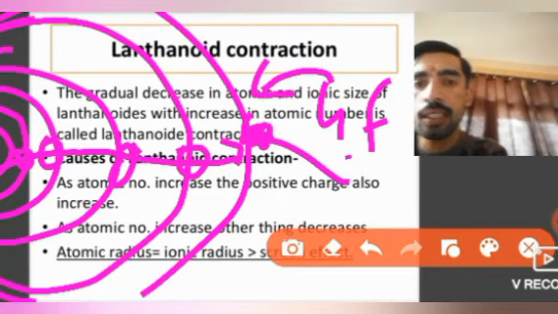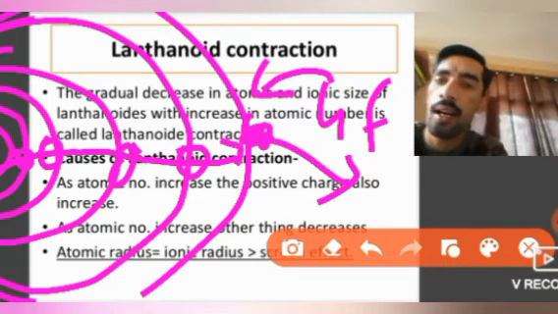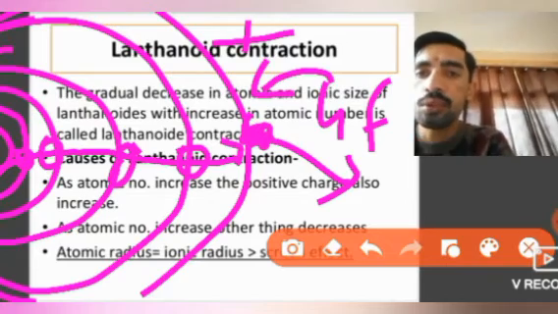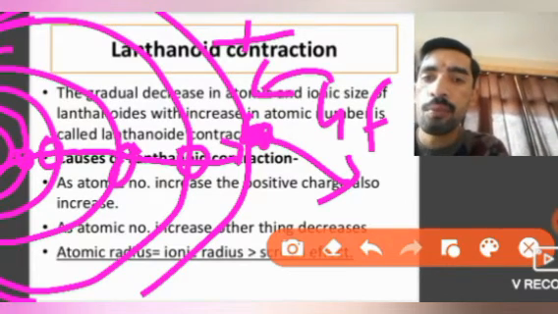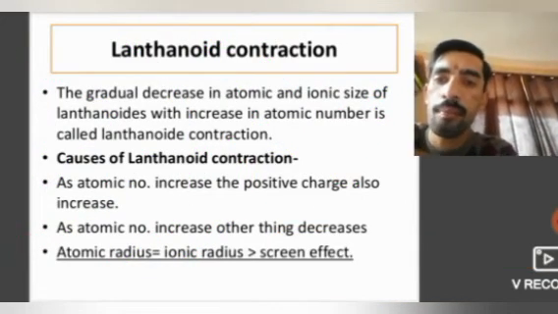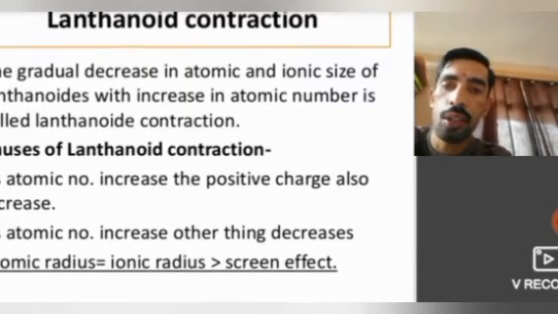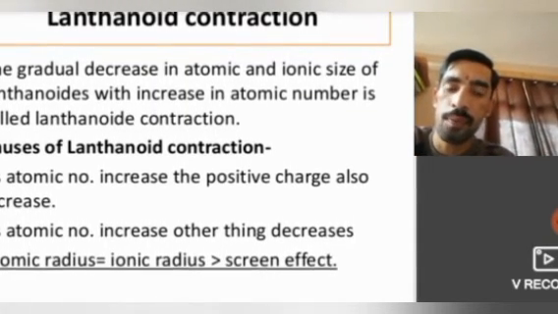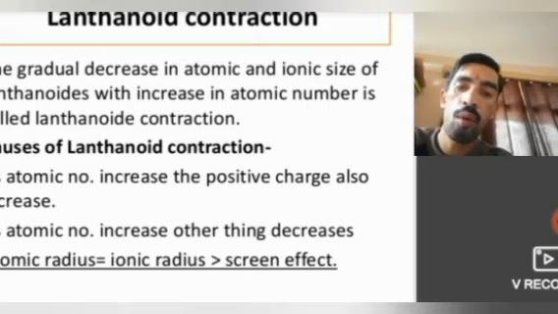So this electron is easily going to be removed, going to take positive charge. The more the cationic charge, the greater will be the bond dissociation. So even smaller than that of the d block.